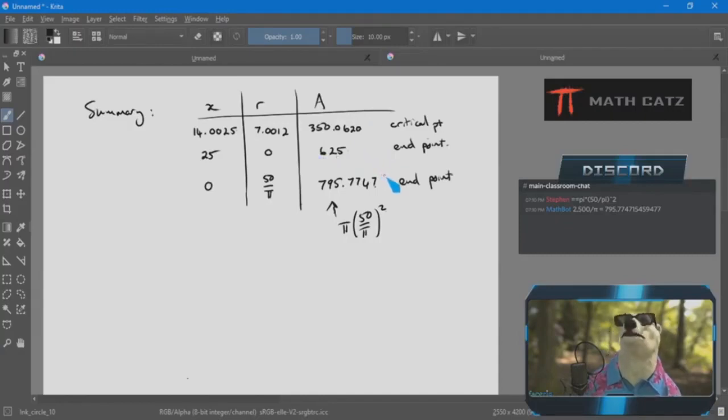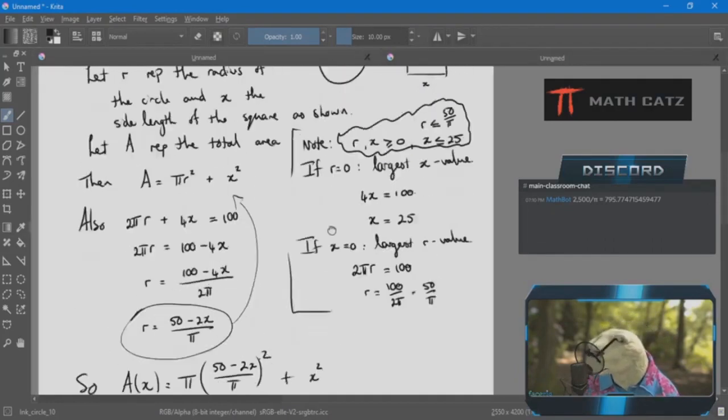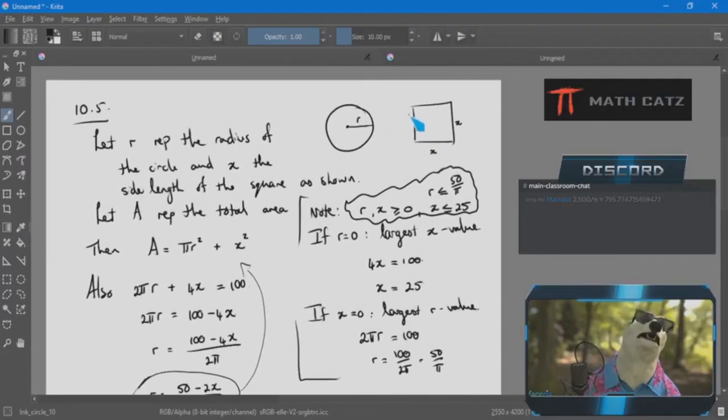which you might feel makes a little bit of sense, that I get a better area if I don't try and split the fencing to make two different shapes. If you imagine gluing or merging these together, you can save some of this middle fencing by making one shape and getting the same kind of area with less fencing, so I can get a bigger area with the original fencing.